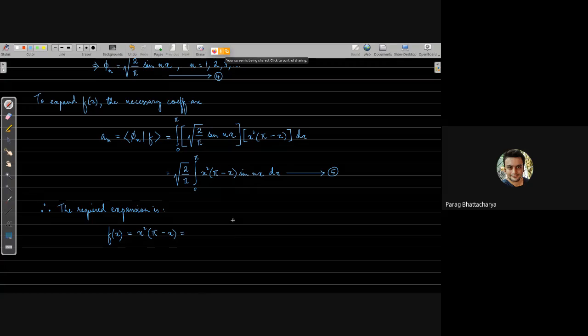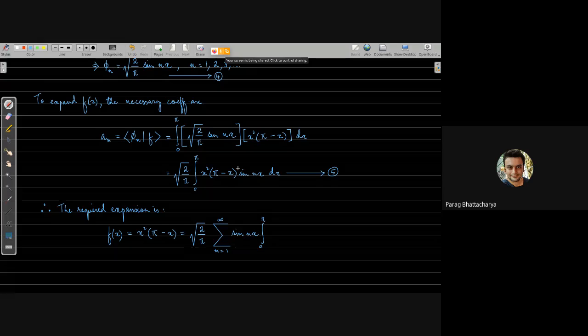So I could write this as that constant which comes outside, and then a summation over n, n equals 1 to infinity because there is a summation, remember, and then we have sine n x, and then integration from 0 to pi.